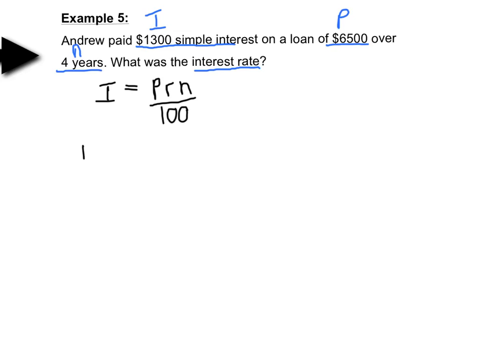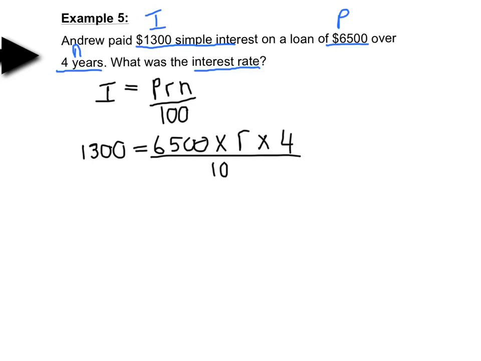The amount of interest is 1,300. Principal is 6,500. We don't know the interest rate, so we just keep the pronumeral there. And the number of time periods is 4 years. All of that divided by 100.